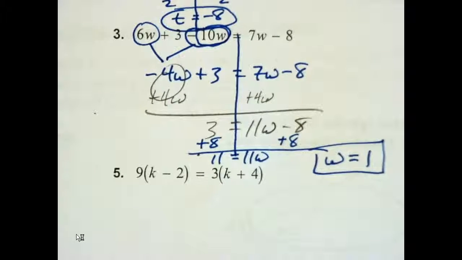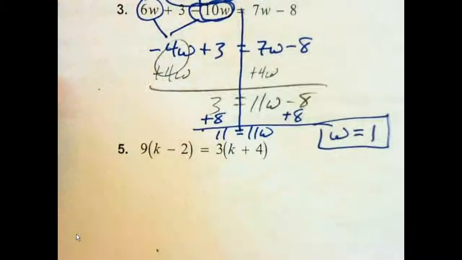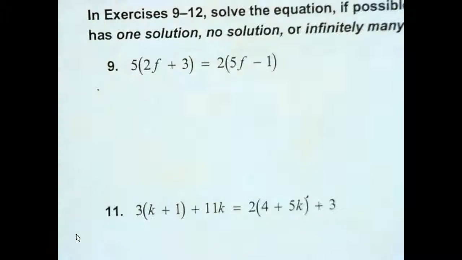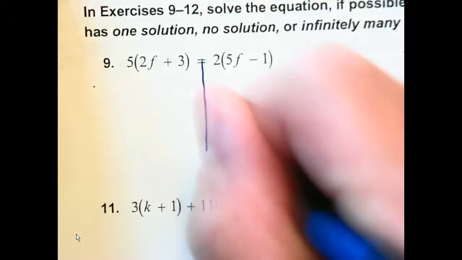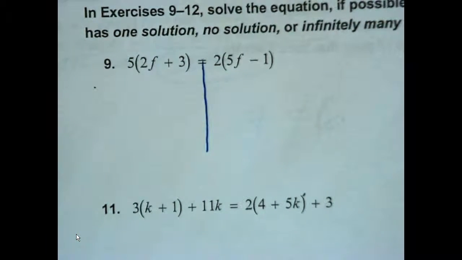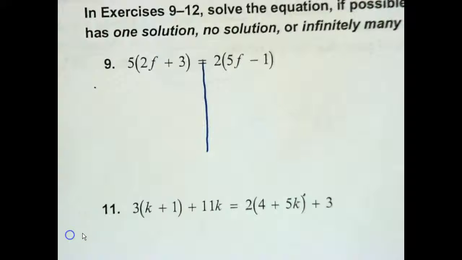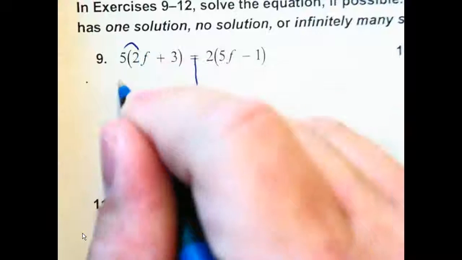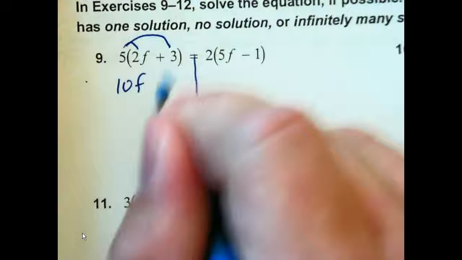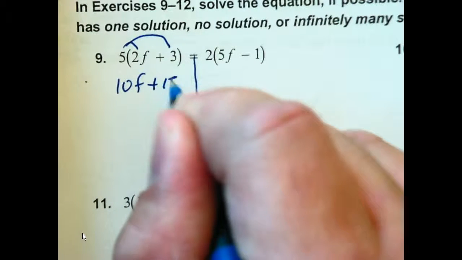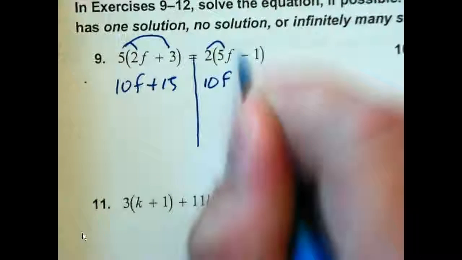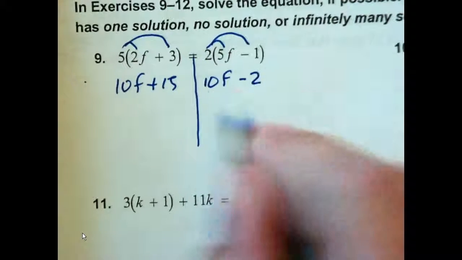Well done. Oh, I thought you meant like the 3 problems. No, number 3. Okay, why don't you take a look at number 9. Give number 9 a go. All right, so we get 10f plus 15, and 10f minus 2.